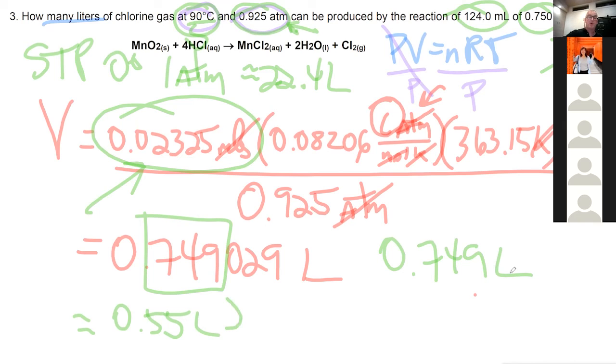So you're in the ballpark. That looks to be about right. So it also lets you know that you're probably pretty close to the right answer. That's another little trick you can do just to be sure whether you've done the problem correctly with gases.